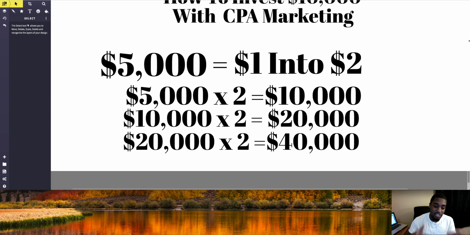This is a super simplified version, and like I said before, guys, if you have $10,000 in the bank, don't go take your whole $10,000 and invest it. That's just stupid. What you do is you take half of that.